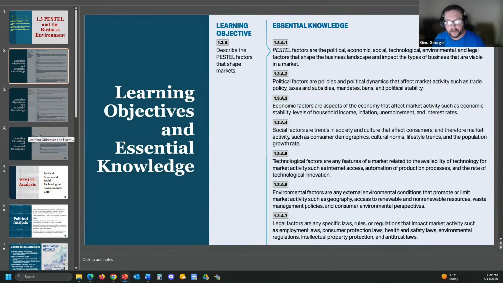An economic factor might be economic stability, which will directly dictate what people can buy from your company. If you don't have a grasp of those external forces, your business can be wiped out overnight by stuff that's completely out of your control. So today we're going to learn how to anticipate those external factors rather than just reacting to them after they start happening to us.